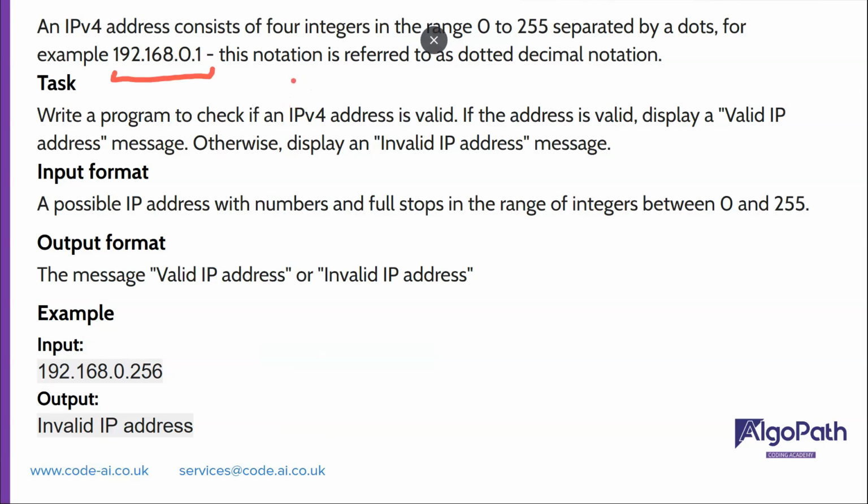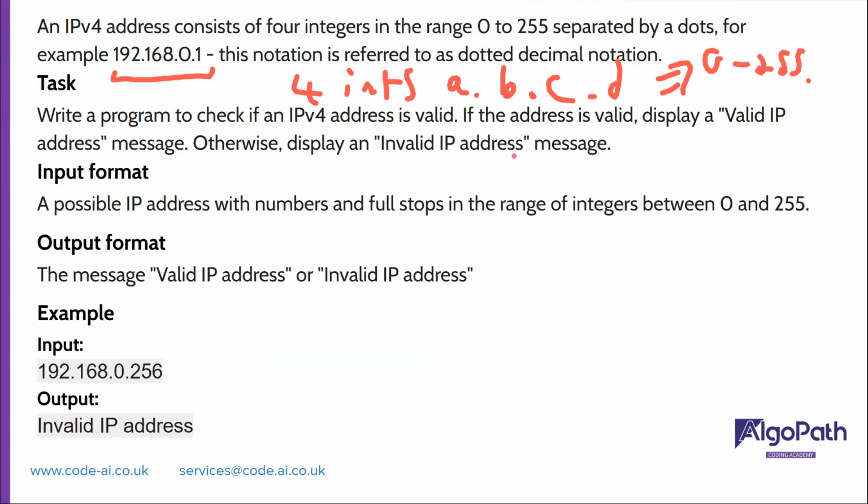Essentially what they are is four integers, four ints separated by a dot. So let's call them A, B, C, D. And each one of those numbers is between 0 and 255. So our job is to write a program to check if we have a valid IP address.